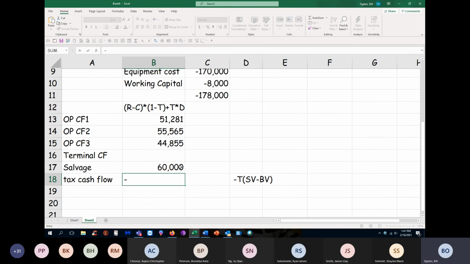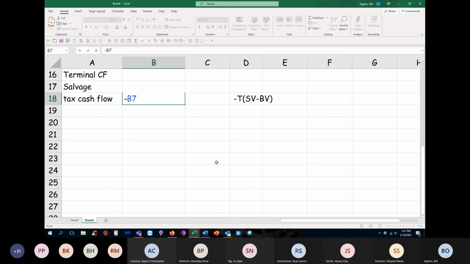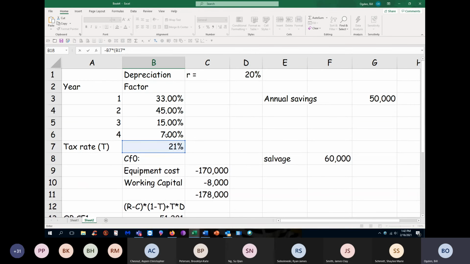Minus the tax rate times the spread between the salvage, oh boy, you get it? Okay. Salvage minus, and then what's the book value going to be? Well, it's just going to be the 7% times, and then the acquisition price was 170, not a negative 170.